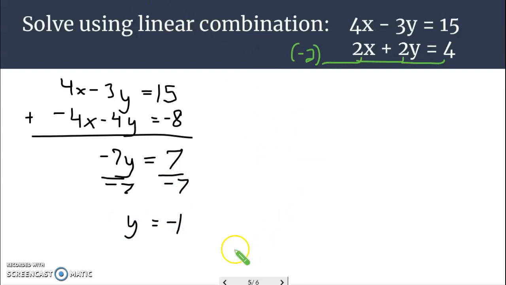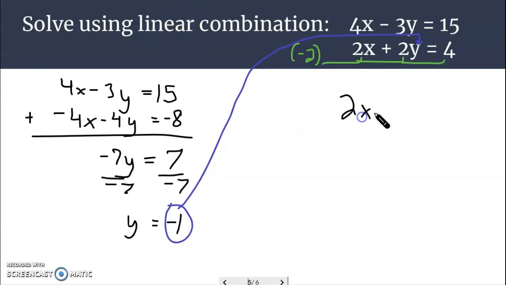I'm going to take y equals negative 1, and substitute it in for y in the second equation. Let's rewrite it here, 2x plus 2y equals 4. Here's the slot where y would go. However, I'm not using y. We're going to use negative 1.